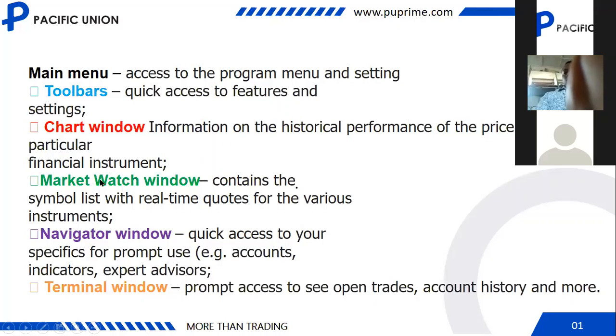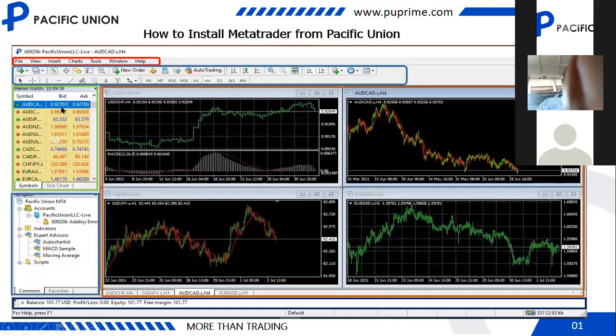So the market watch window is this column here, this green box. As you can see at the top left corner, you can see Market Watch, and it lists financial instruments which are all available on the Pacific Union platform, and are more than what you are seeing here.